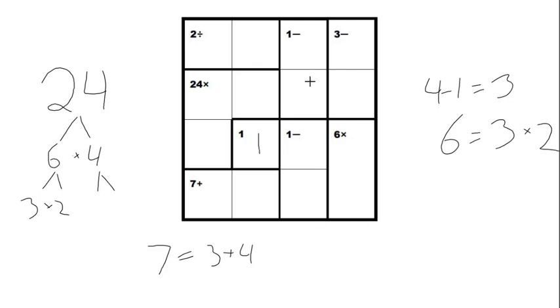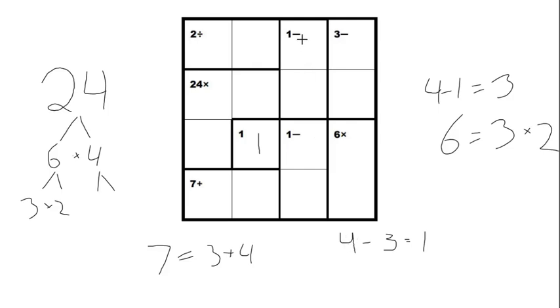There are a couple ways we can get 1 by subtracting. We could say 4 minus 3. That's 1. We could also say 3 minus 2. But that won't work because we have the numbers 1, 2, 3, and 4 that need to be used, and so we can't reuse 3.